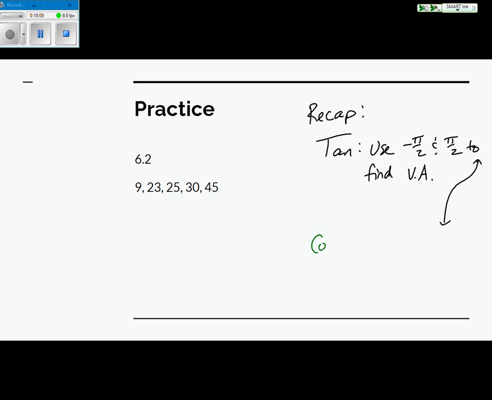Whereas the big difference for cotangent is I'm using 0 and pi to find my vertical asymptotes. That means that whatever comes with the x, just like on that last example, I'm going to set it equal to 0 and solve for x. That will tell me where the vertical asymptote is. And my snake runs up to the left with that one.